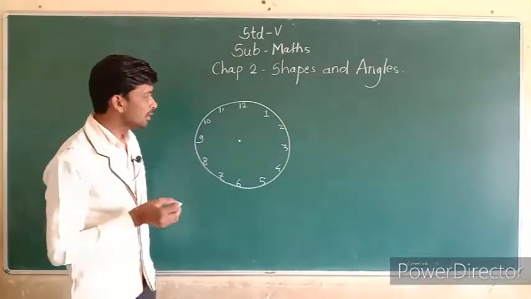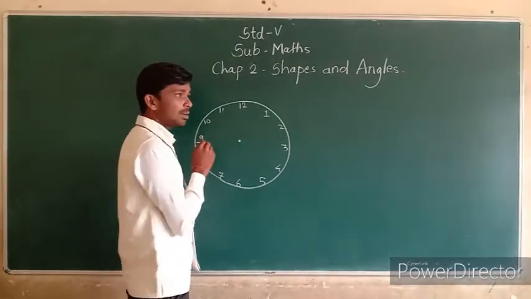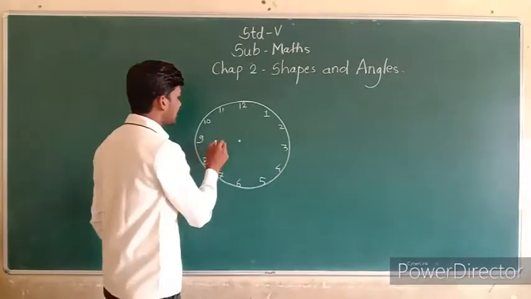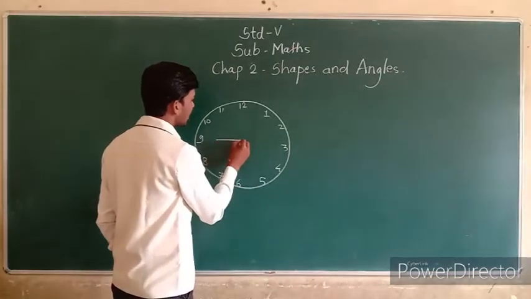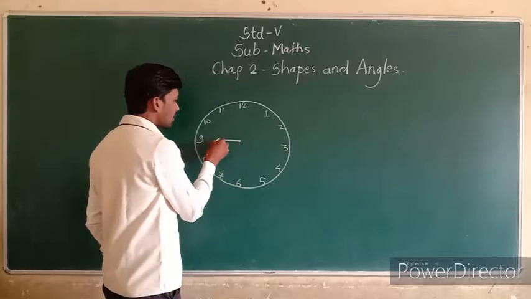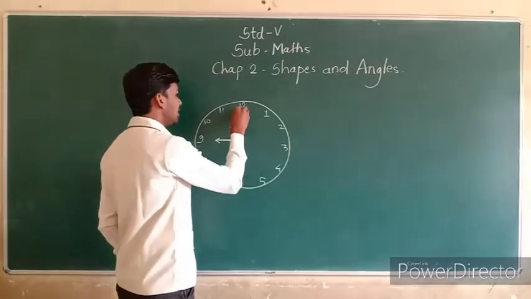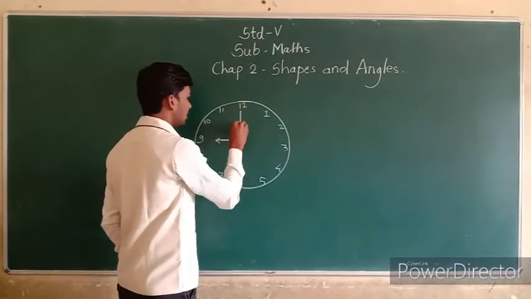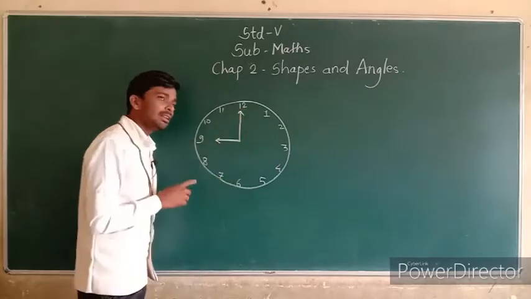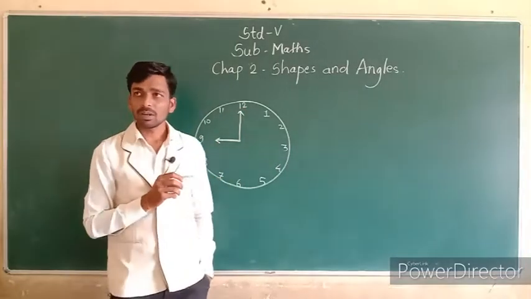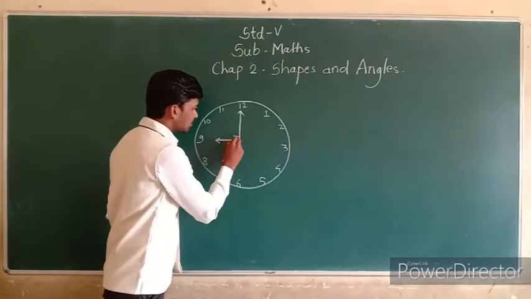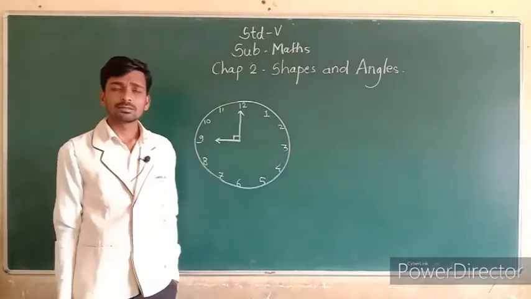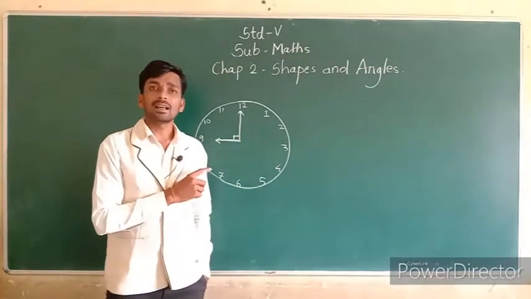When the timing is 9, the hour hand is on 9 and the minute hand is on 12. Then that is called 9 o'clock. What is this angle? This is called a right angle.